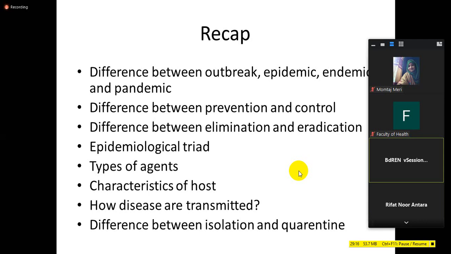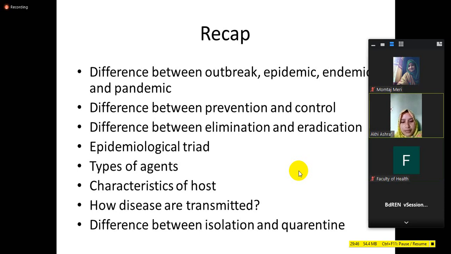And quarantine means when you feel that you may have this infection, you are not allowing other people to come to you. That is quarantine. Is it clear? Difference between isolation and quarantine?